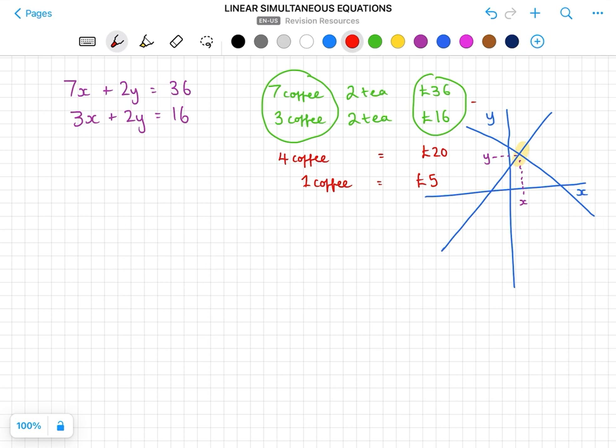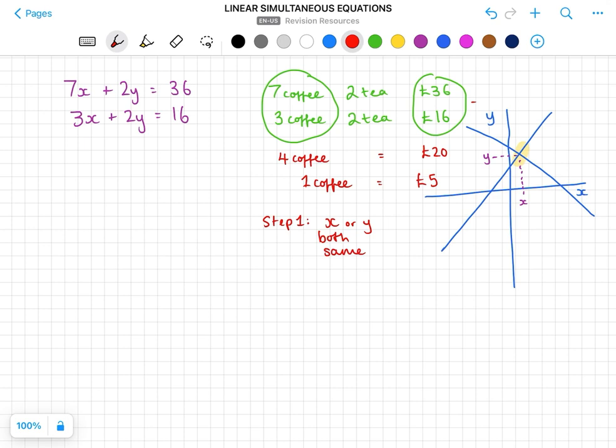So let's show how we do this algebraically. The first key step in linear simultaneous equations is that you want to make either your value of x or y in both equations to be the same. Lucky for us, the value of y is the same, 2y and 2y.